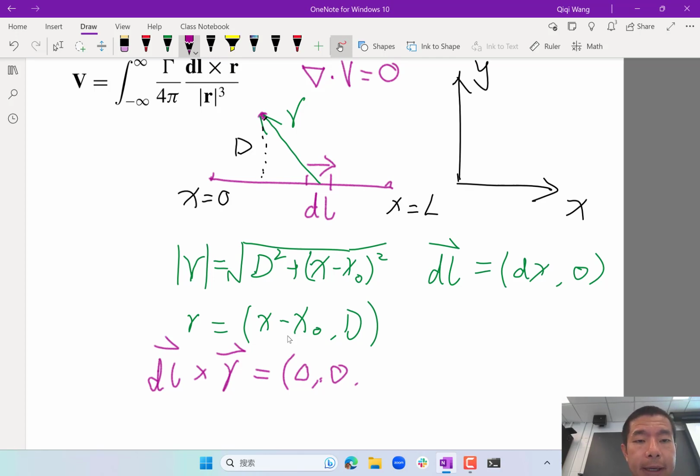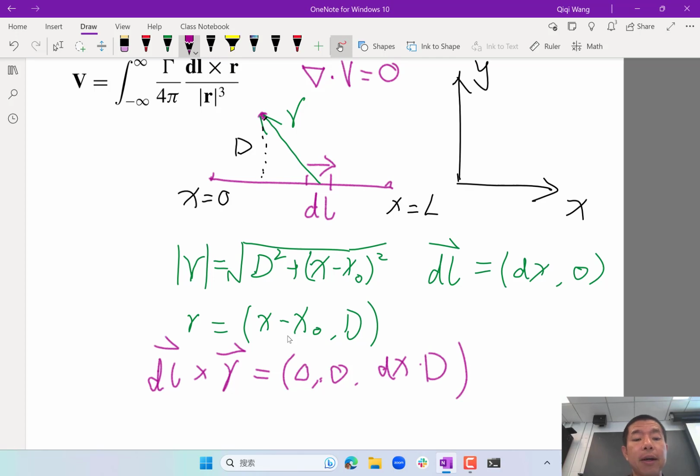So the cross product is going to evaluate to: dl goes into that direction, r goes into that direction, so it'll come out of the board, right? So it's positive z. So we have dx times d. All right, agreed?